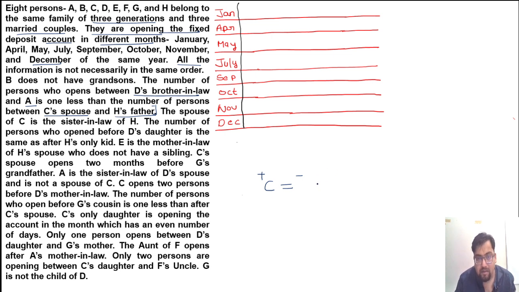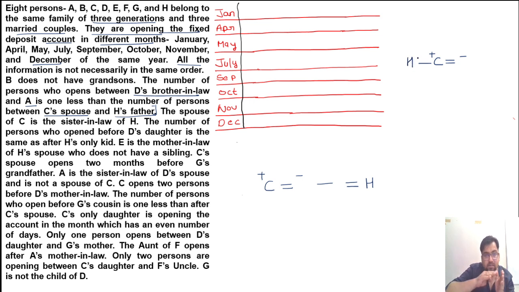Like this, I can say H's sister-in-law. Who is H's sister-in-law? That is the C spouse. C's spouse will become the sister-in-law of H. Now the other way is C is here, a male member, and now I can say H will be like this.